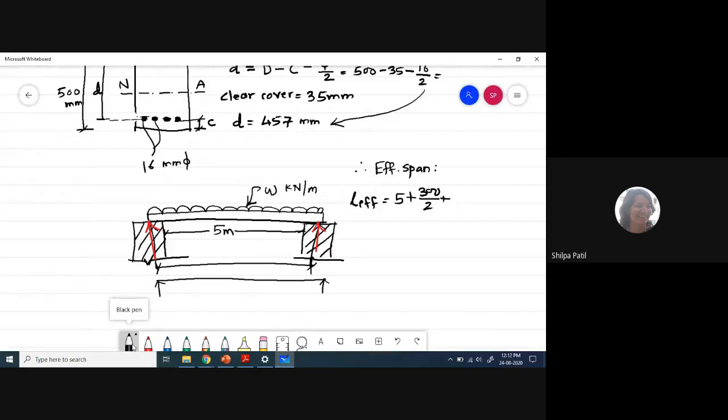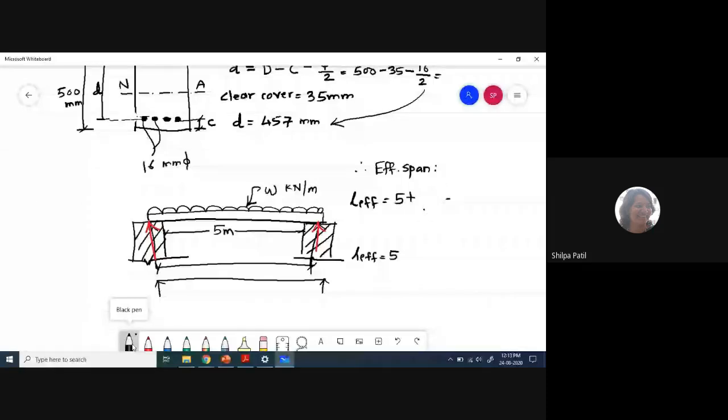Okay. So my effective length is coming as 5,300 mm. So what mistake have I made here?